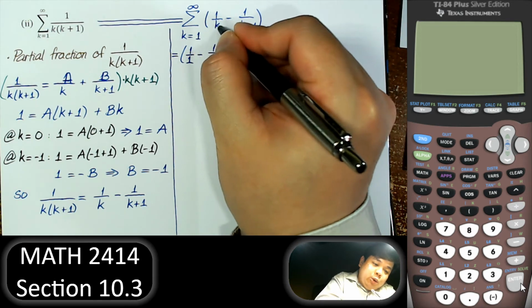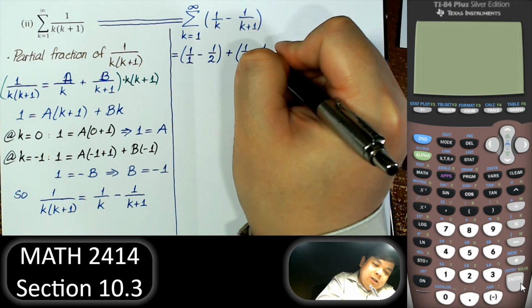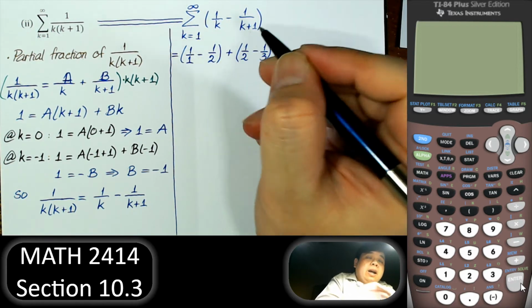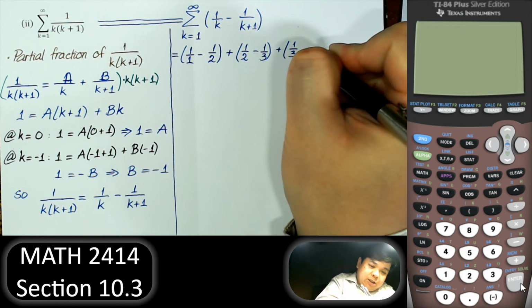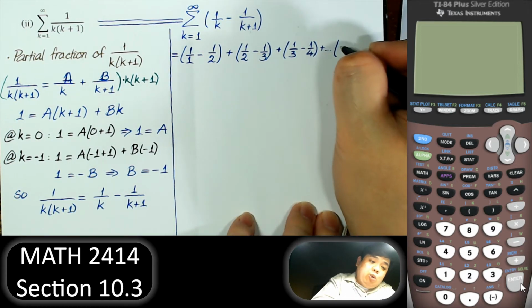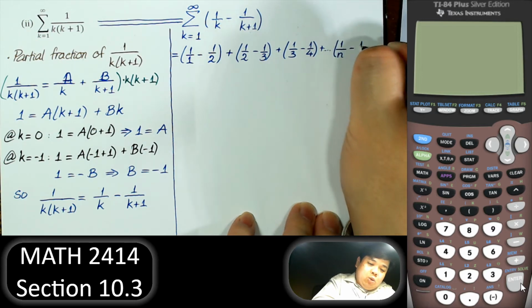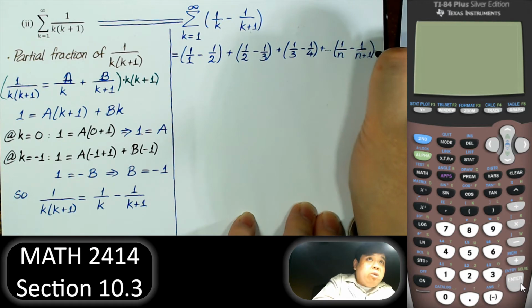Next, put 2 in there. And then put 3 in there. And let's say all the way to, if we put n in there, we have 1 over n minus 1 over n plus 1. And we're not stopping there, we just keep going.